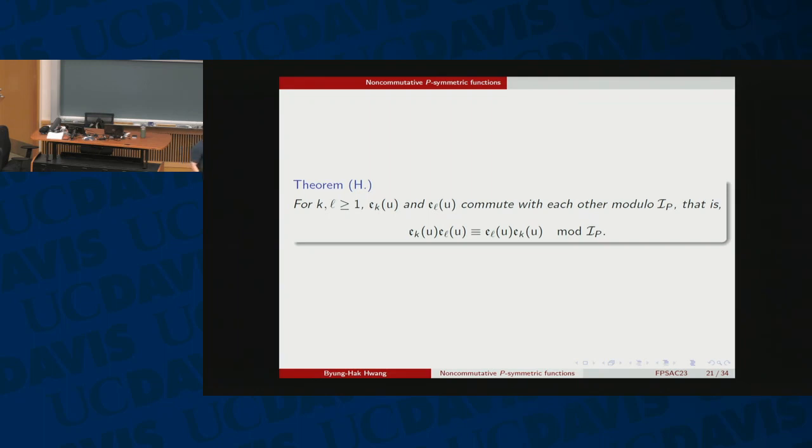Thanks to this theorem, we can define other noncommutative symmetric functions by using relations between the usual symmetric functions.